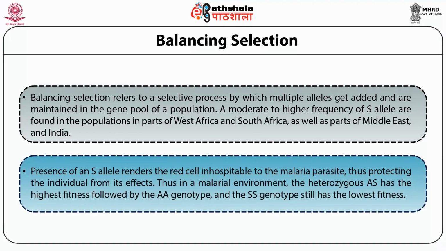The presence of an S allele renders the red cell inhospitable to the malarial parasite, thus protecting the individual from its effect. In a malarial environment, the heterozygous AS has the highest fitness, followed by the AA genotype, and the SS genotype still has the lowest fitness.